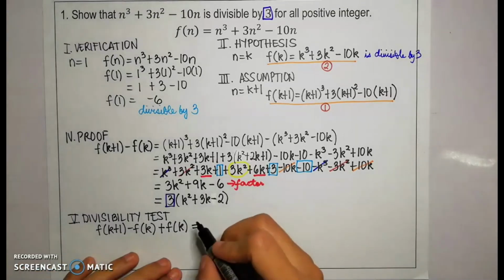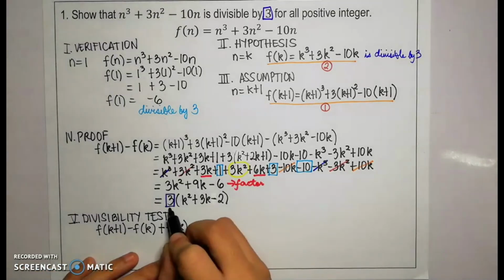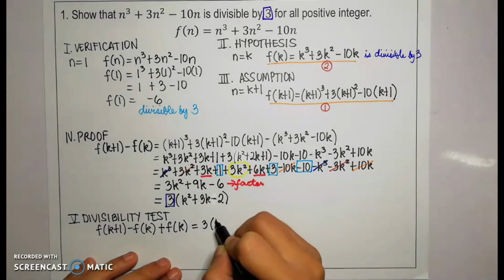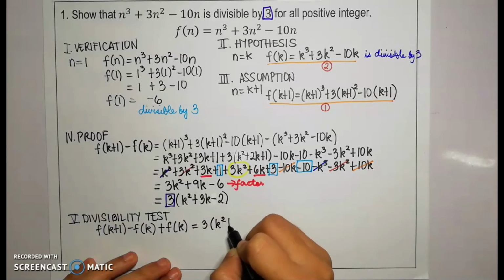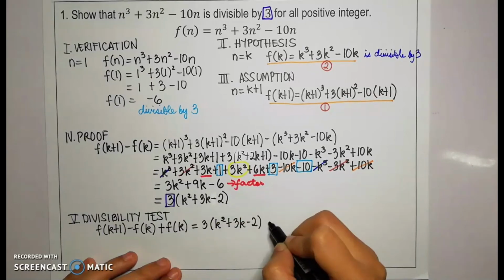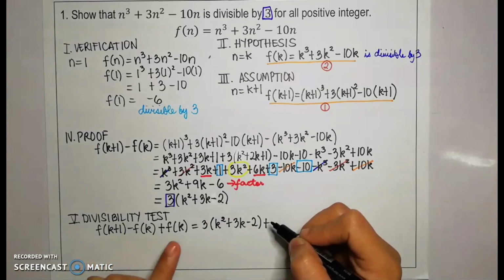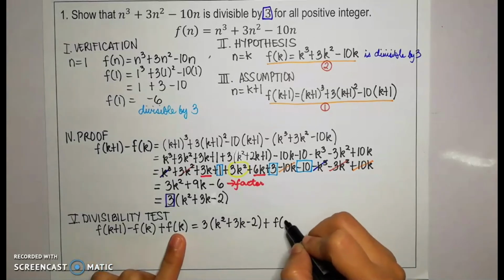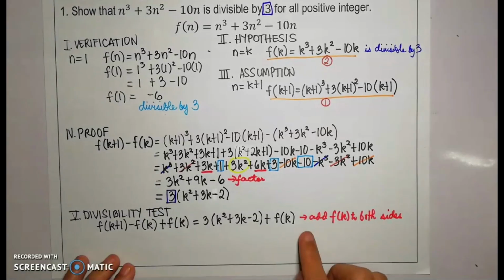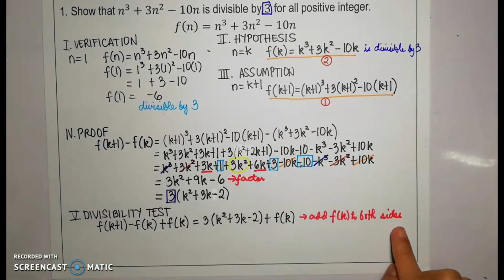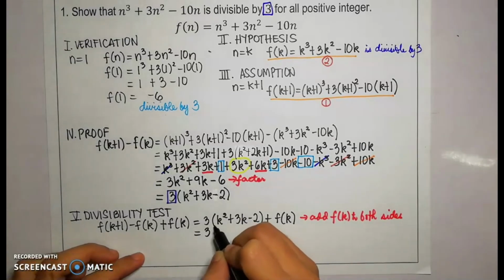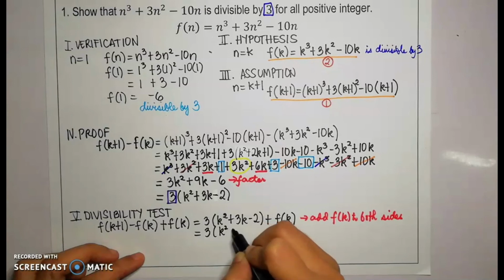So we will just copy this answer, 3 times the trinomial k squared plus 3k minus 2, and then we will add the value that we have gotten from f of k. We will add f of k to both sides and just substitute it into the given equation.